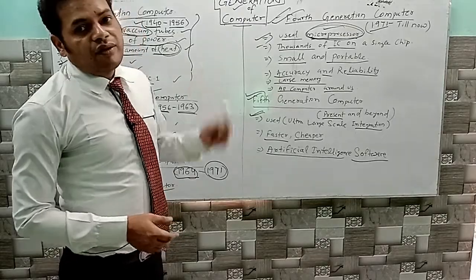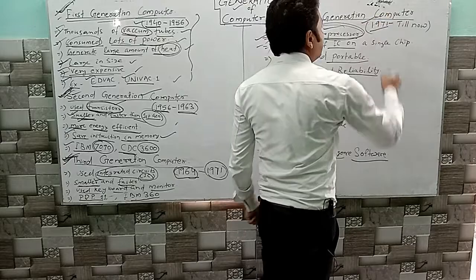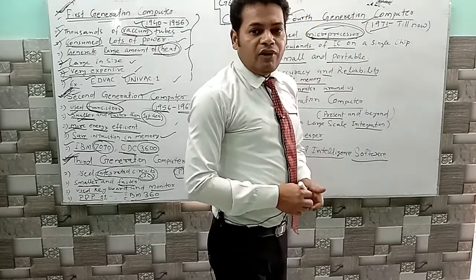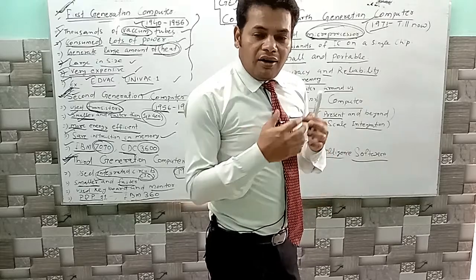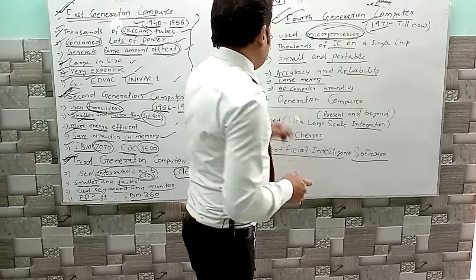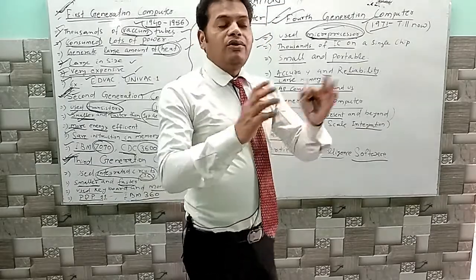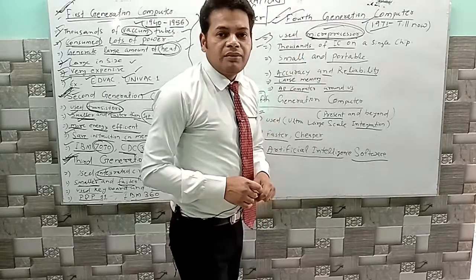Then go for the fourth generation of computer, which started in the year 1971 and continues till now. We all are using this type of computer; the computers around us are the fourth generation of computer.